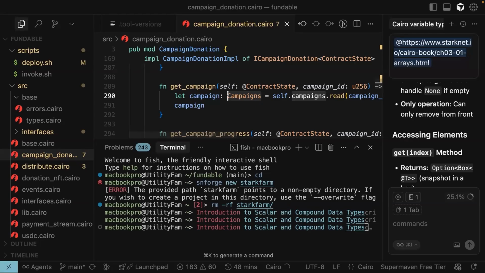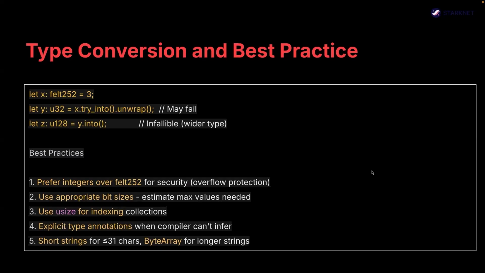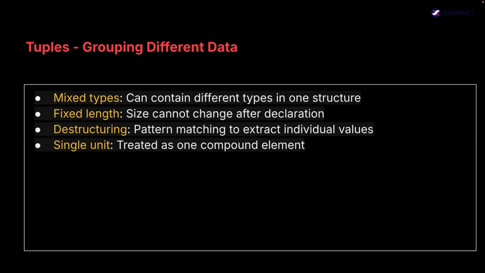But we have the custom types of structs, enums, right? Are you following? Yes. Enums, structs, they are custom types. Don't forget, a short string is less than or equal to 31 characters.